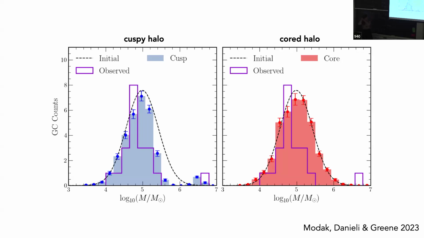It would have multiple substructures. Indeed. Unfortunately, you're asking counterfactual questions between cored and cuspy, but within a CDM simulation you don't get to choose, you just get what you get. So I think toy simulations are a good way to go, but it would be very interesting to see whether substructure changes this question at all.